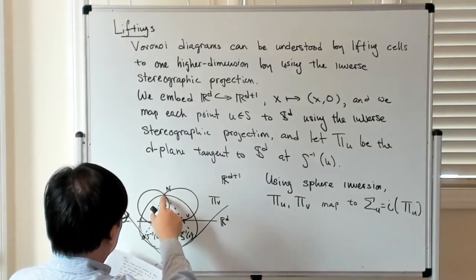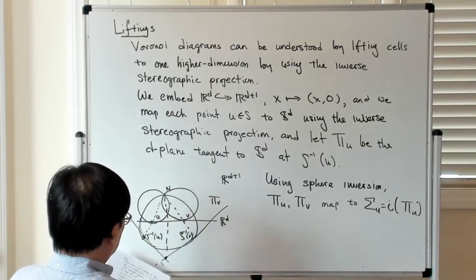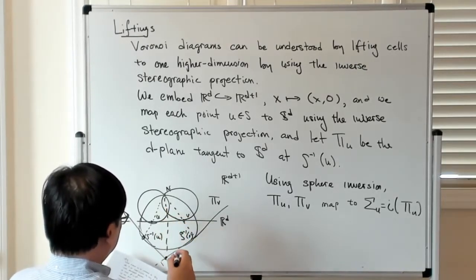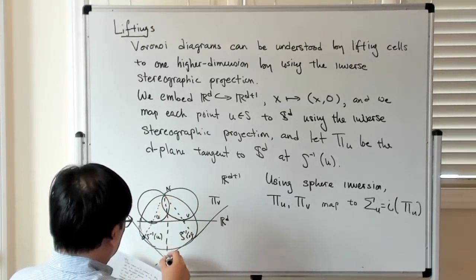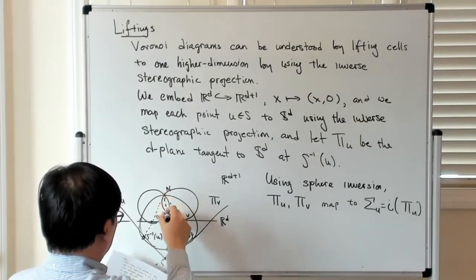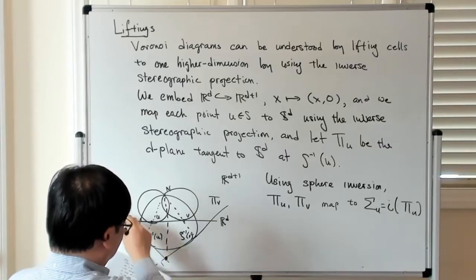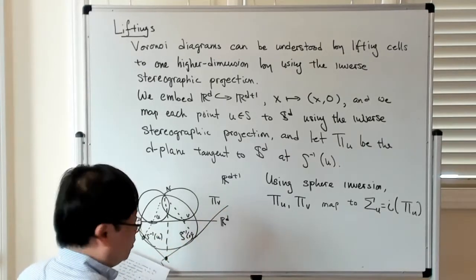So it gets back to the north pole, and then the intersection point gets mapped to this point here. In any case, the ray from the north pole to the intersection point will reach out to the intersection between the two hyperplanes.